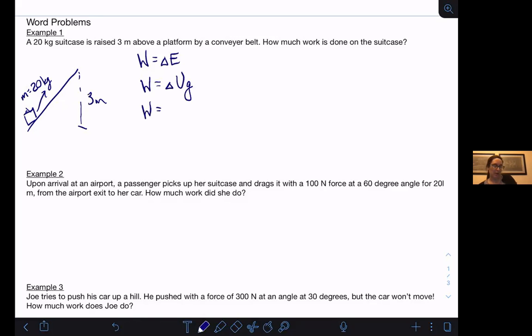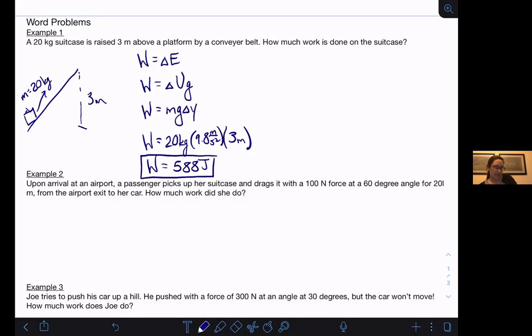So this work can be calculated by doing mg delta y. With my mass being 20 kilograms, my g being 9.8 meters per second squared, and my delta y being 3 meters, I can just plug all of this into my calculator and very quickly come up with 588 joules as the work done on the suitcase.